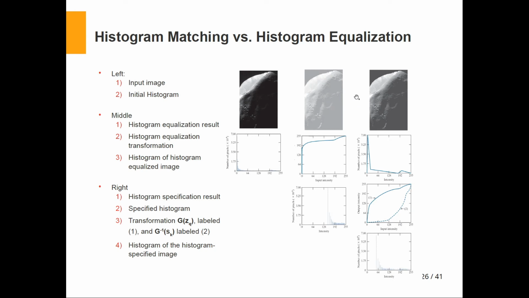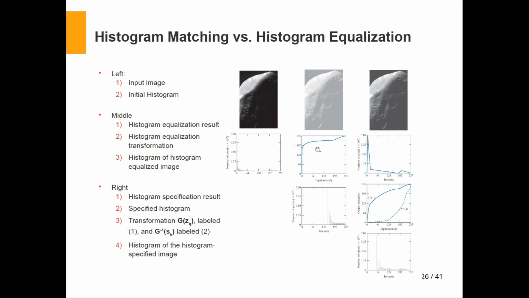But at the same time, the image is very washed out and very bright. Because the dark regions are much more dominant in size in the image, the bright regions don't have that much of an effect in the histogram equalization process.